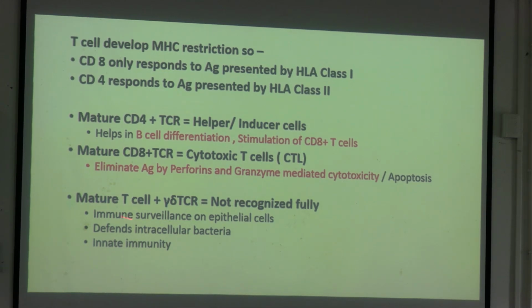Elimination of antigen by perforins and granzyme mediated lysis or cytotoxicity. So the CD4 T cell helps in B cell differentiation. The CD8 T cell is a cytotoxic T cell which eliminates the foreign particle by perforins and some enzyme called granzymes. Okay.